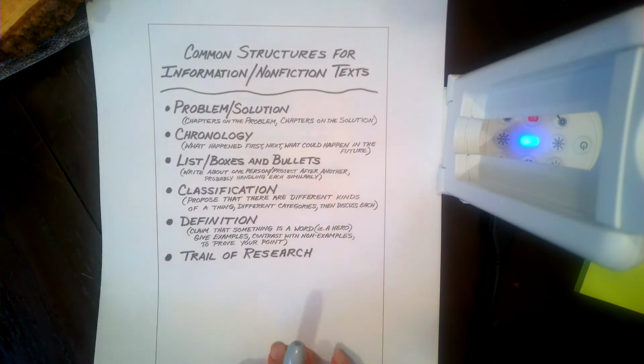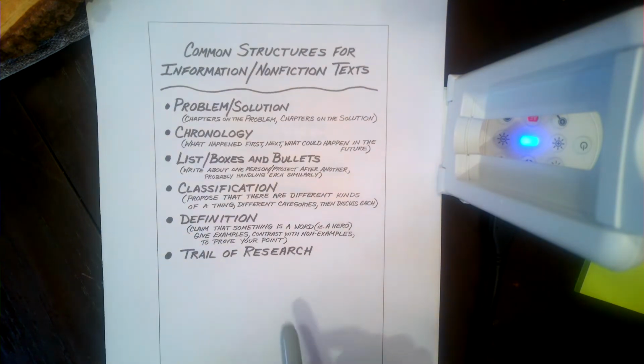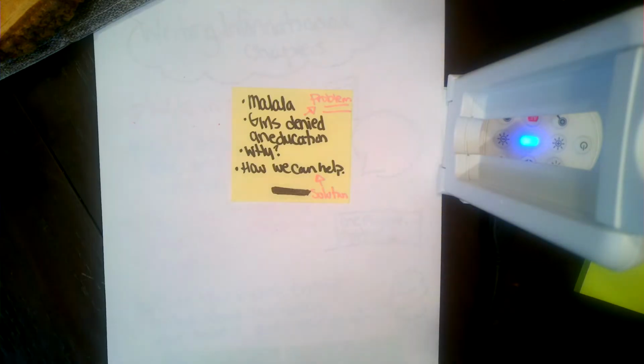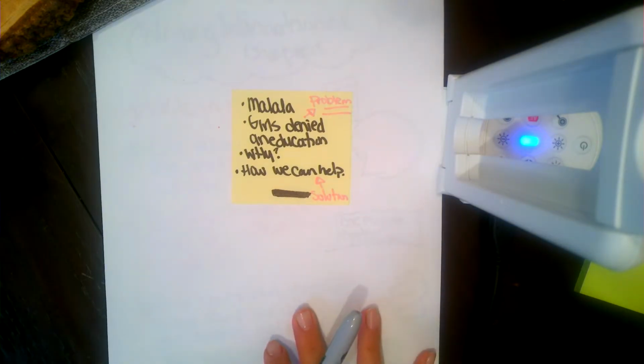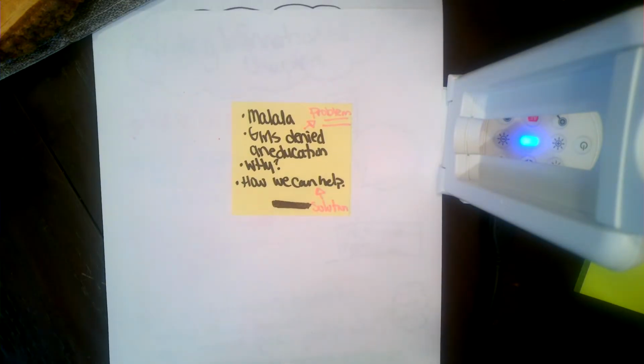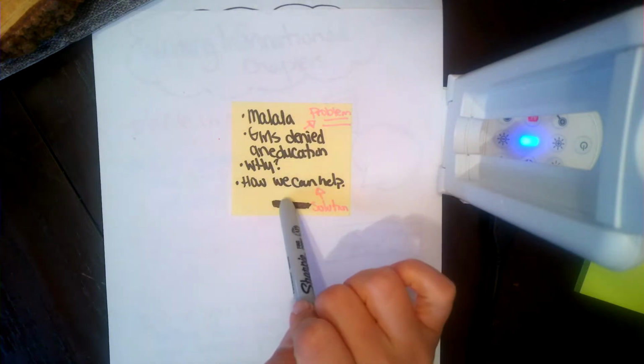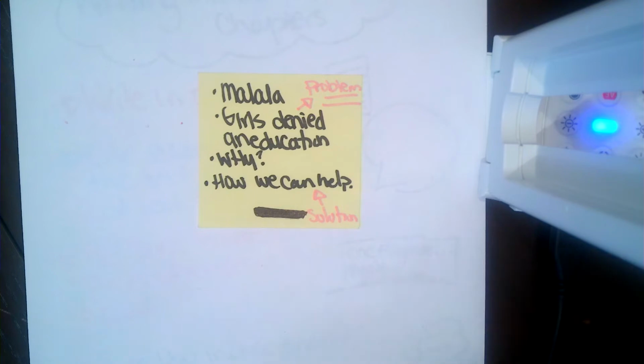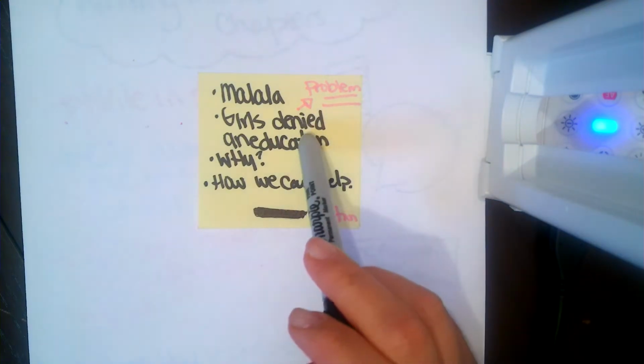So I noticed that as I was looking over this list, I was like, oh, this is 100% something we've already done. So in yesterday's video for girls' education for the table of contents, I rewrote out the chapters. And as I was looking at it, I was like, oh, okay, well, girls are denied an education.